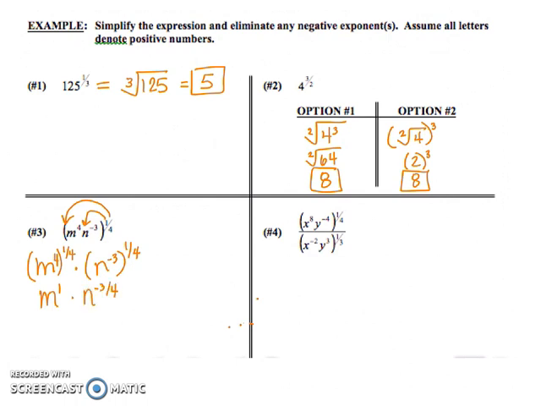Now we know from our exponent rules that we're going to need to bring that downstairs. So we're still going to have our m to the 1st upstairs, but then downstairs we're going to have n to the 3/4 power. Now we're going to need to rationalize that, because a 3/4 power is a radical in the denominator.